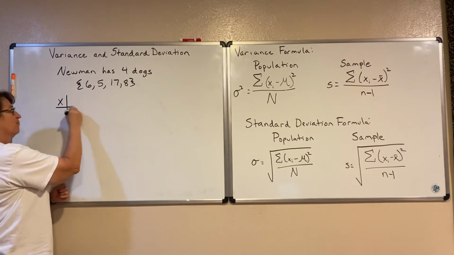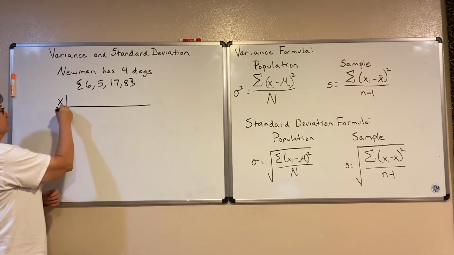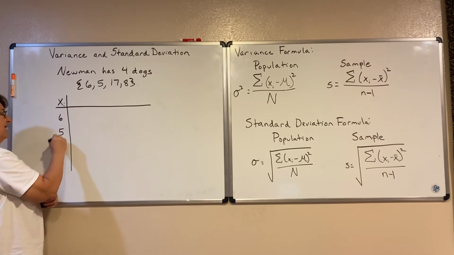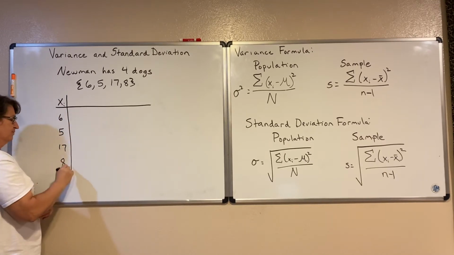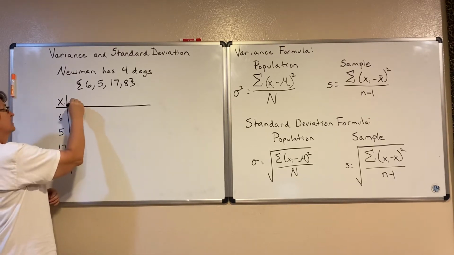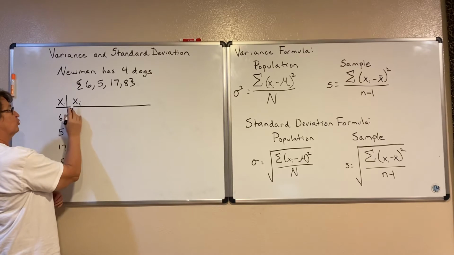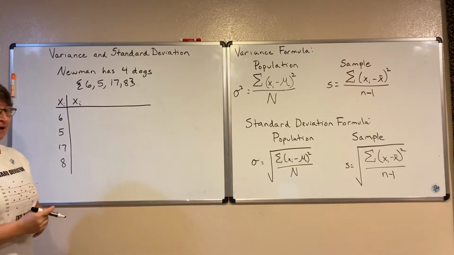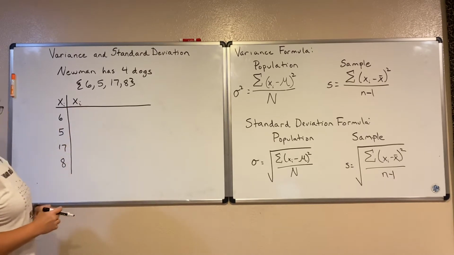I'm going to start by just telling myself what those different little data values are. So I have 6, 5, 17, and 8. Then the next step is to find the difference between that and its mean. Now, a couple of things I should have started with.